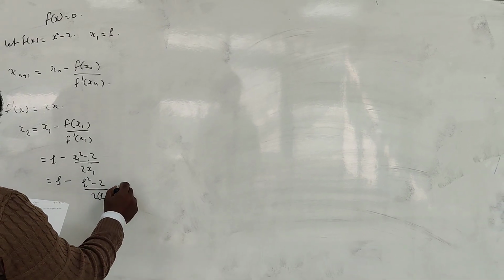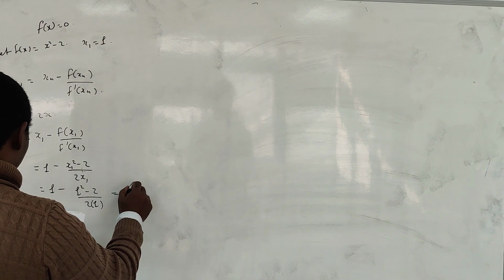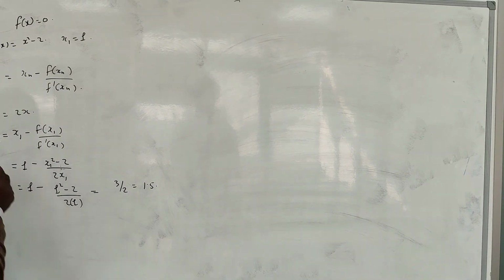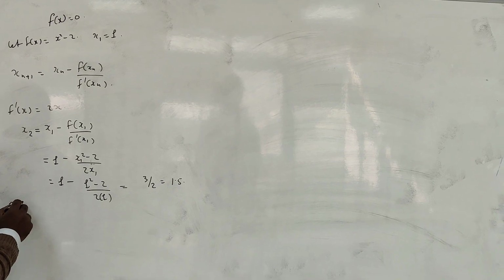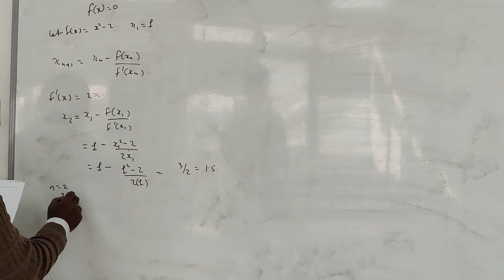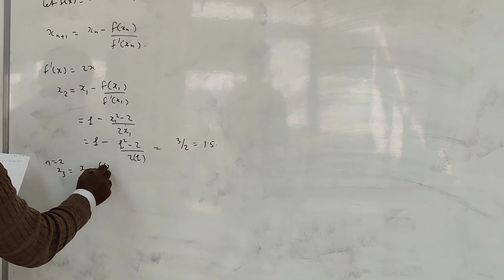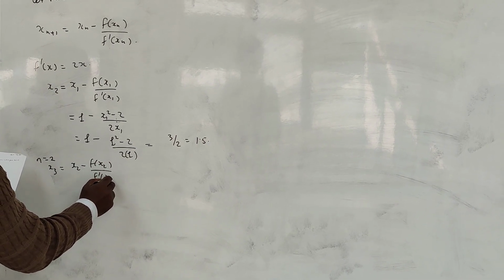This gives us 3 over 2, which is the same thing as 1.5. To get the next step, when n is equal to 2, we are going to have x3, and the formula will change to x2 minus f of x2 divided by the first derivative of x2.